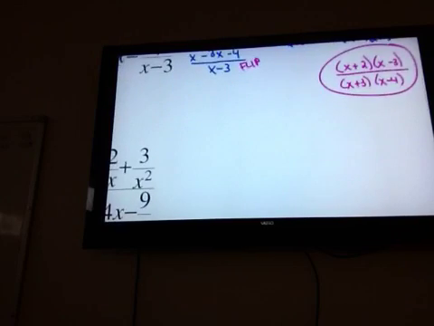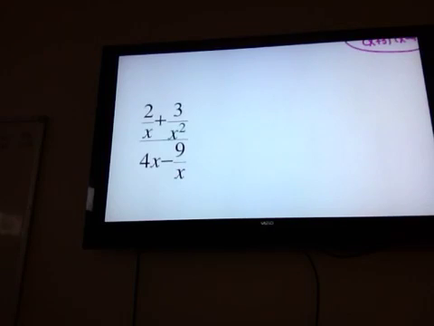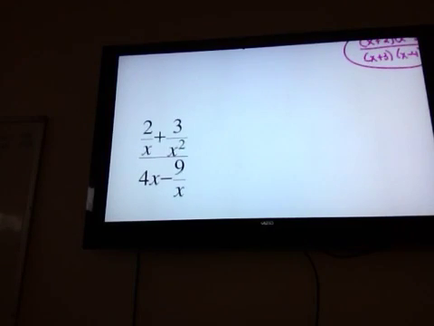Okay, and my last one. In my numerator, the common denominator is x squared. So the first denominator, which says x, needs to be x squared, so it needs another x.